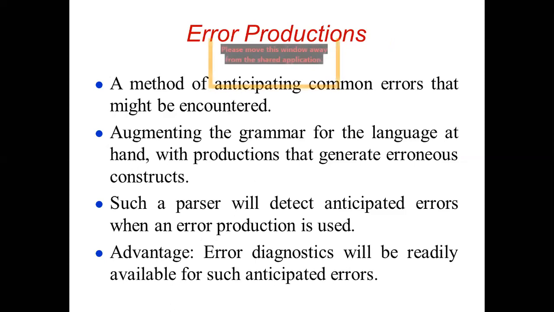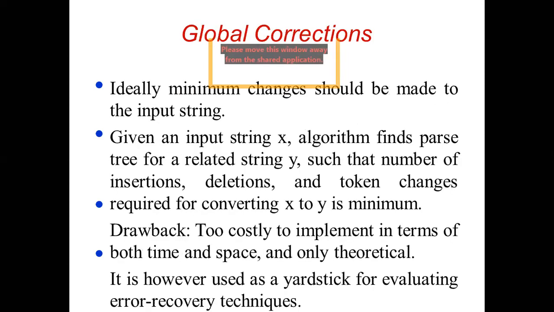It is not up to the programmer, because at the end we will get some sort of errors that will be detected by the compiler. These are internal errors that will be handled by the parsers. Error diagnostics will be readily available for such anticipated errors. These are the big errors, and they are very difficult to diagnose.